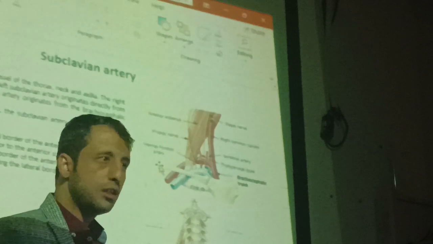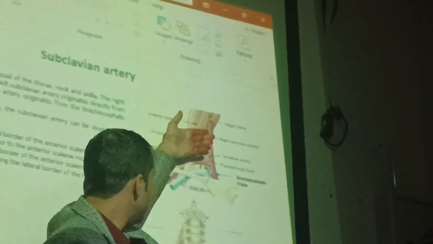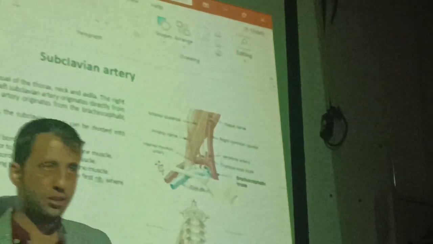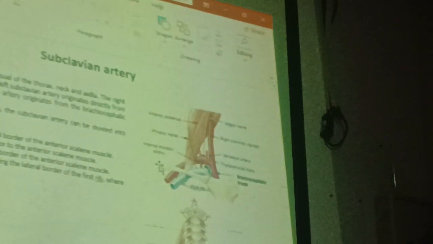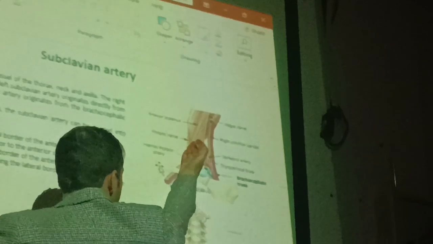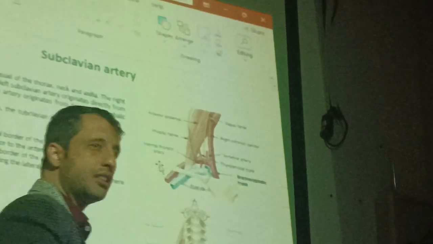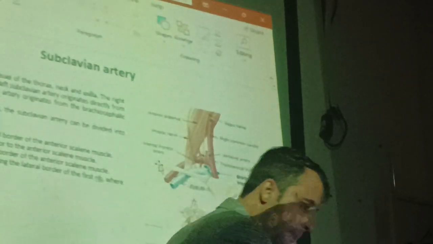The arteries are located anterior to these two structures. These arteries, this branch, travel anterior to the phrenic nerve and anterior to the anterior scalenus muscle.